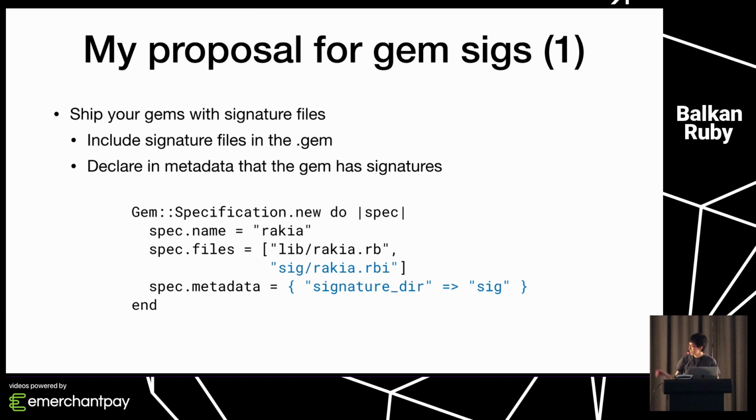In the files attribute, we have the Ruby library, rakia.rb, and we also put a signature file, rakia.rbi. This puts the signature files in your gem archive. Another one is metadata to explain some details of the library. I'd like to propose a key called signature_dir, and it explains where the signature files are stored in the gem files.